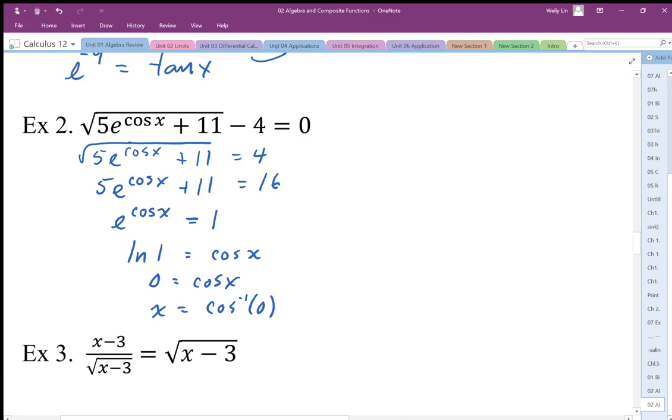And since we know what the inverse cos of 0 is, the cosine x value is 0, the angle is going to be 90 degrees, or pi over 2, because of the domain of the arc cos function. The domain of the arc cos function is not exactly the same as the domain of the cos, so we really should be careful here.